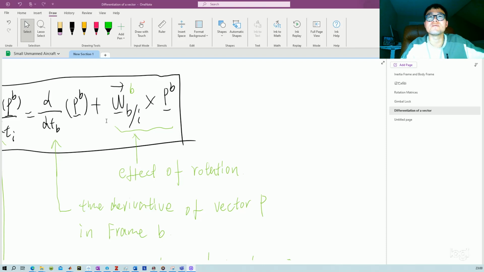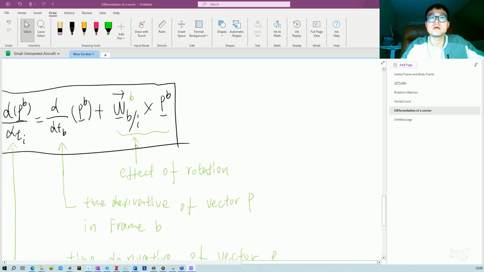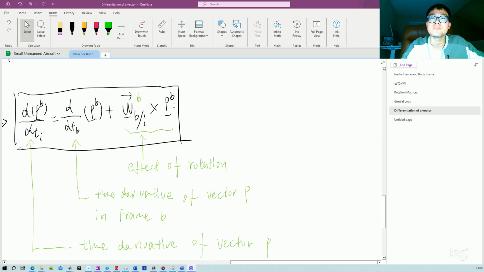Since this is a vector, it can be expressed in frame B, just like this vector is expressed in frame B, and then this speed cross product with the vector expressed in B, essentially the vector itself.